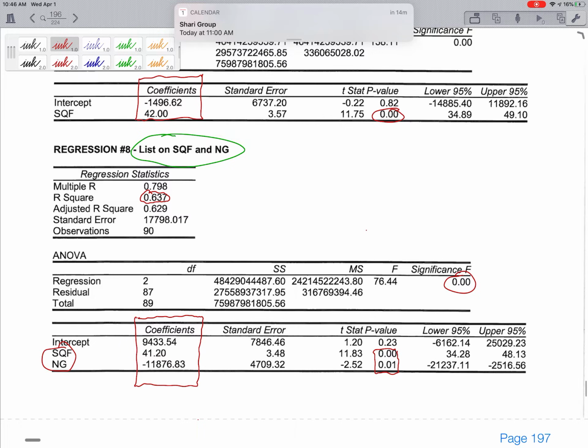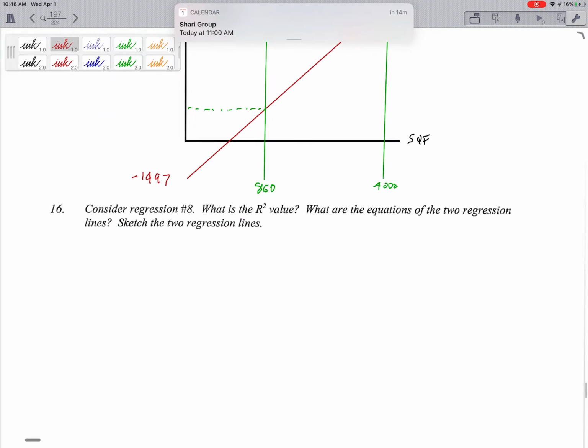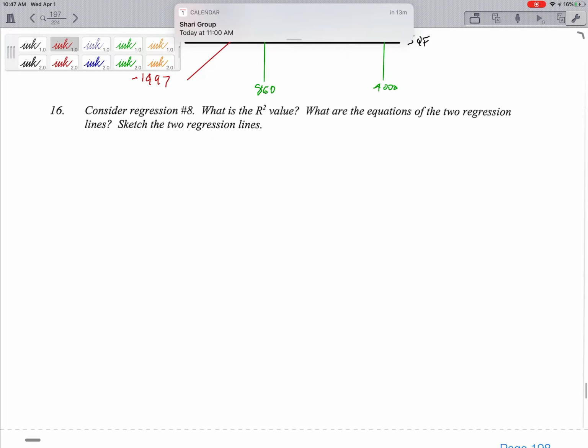So we're going to go down to number 16 here. It says, consider regression number 8. What is the R squared, the equation of the two regression lines, and sketch the regression lines. All right, so R squared is equal to 63.7%. So a little bit of an increase there by a couple of percent, almost 3%.